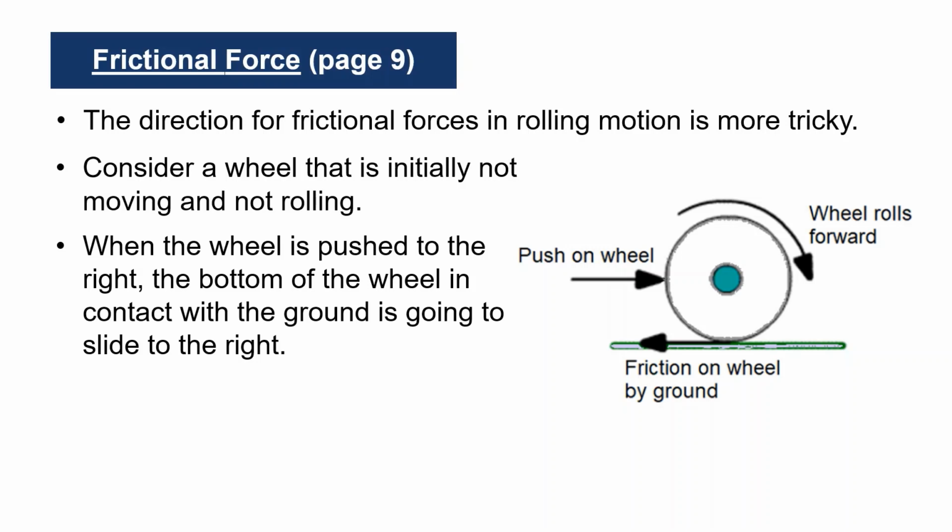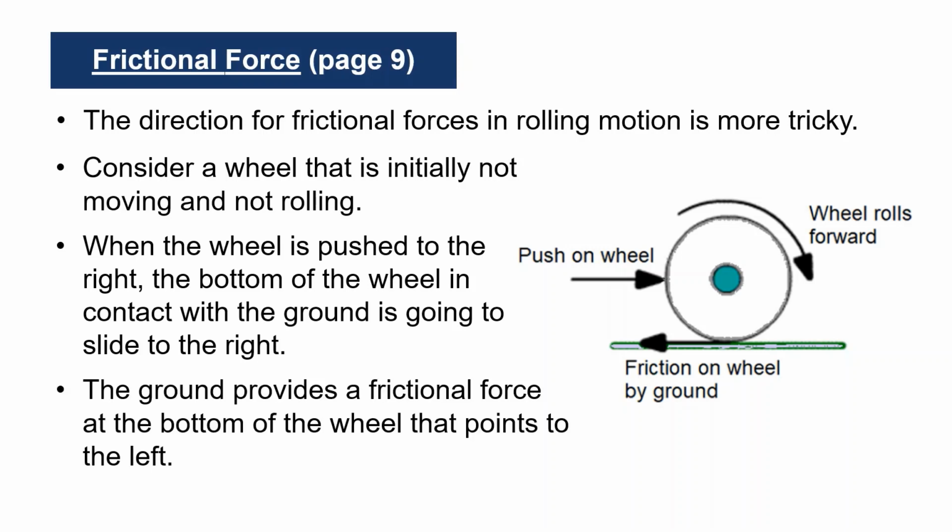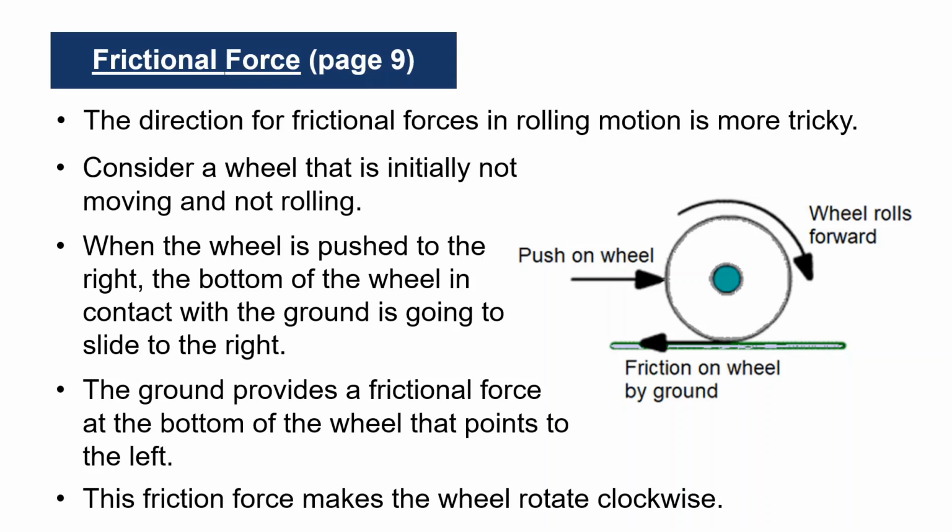Now the instant we do this, you will realize that the ground provides a frictional force at the bottom of the wheel, because if you imagine this wheel as a square box, so if you were to push a square box, you will realize what happens.